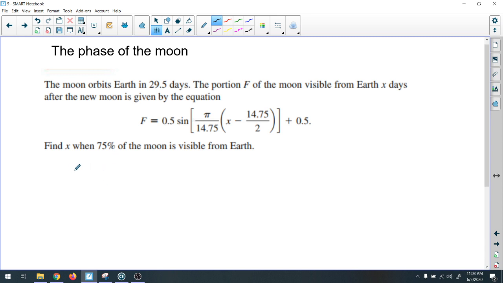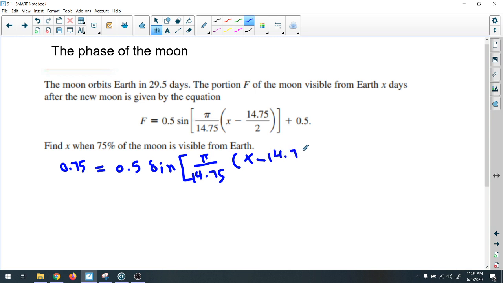So right away, you're going to rewrite the equation. It will be 0.75 equals 0.5 sine of pi over 14.75 times x minus 14.75 divided by 2, then plus 0.5.